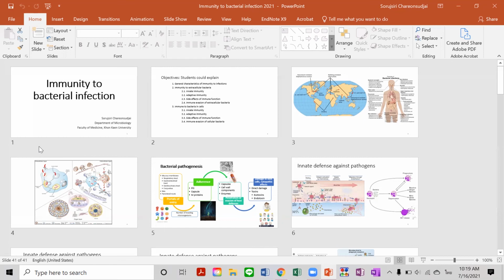I have one question. What is cytopathic effect? Cyto means cell. Pathic is pathology. Effect means it happened. It means that once we get infection, the pathogen can cause pathogenesis and cause changes in our cells.